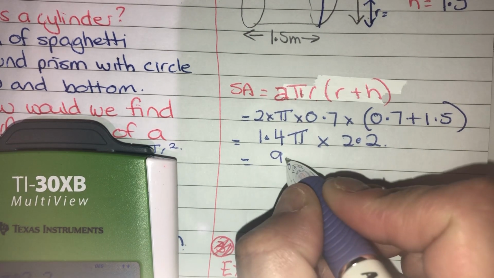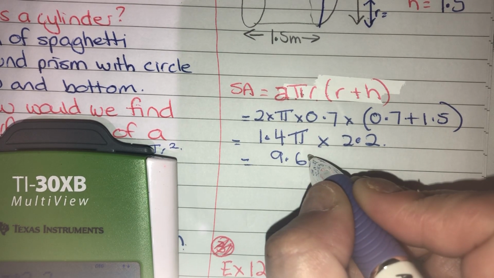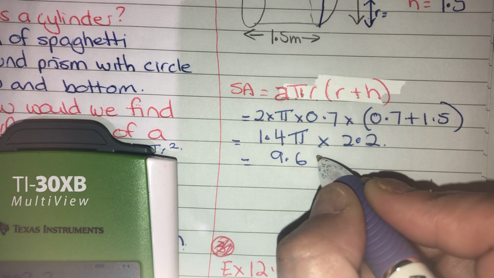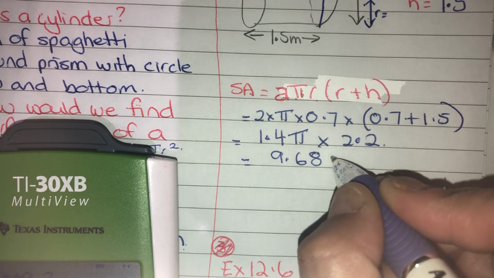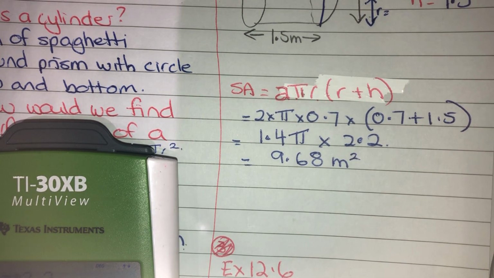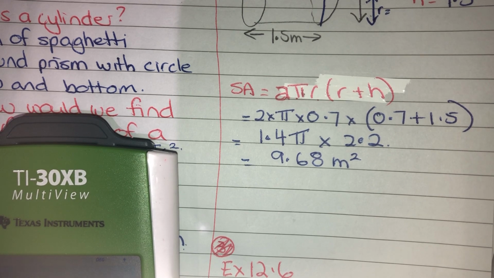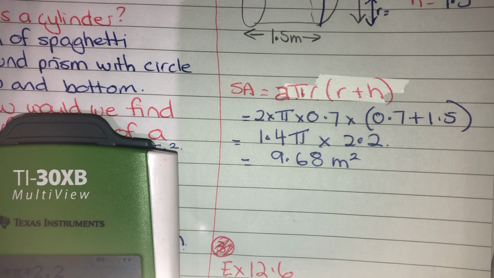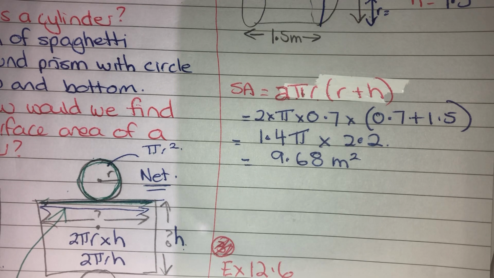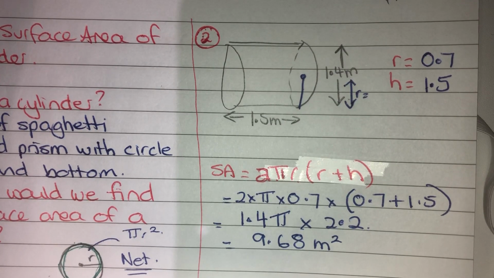I get 9.676, so 9.68, and it's meters squared. And I go back straight away and check it because I might have made a mistake. 1.4 times pi times 2.2, 9.68 meters squared. Yes. Now, I can't show you any more than that because that's all there is in this chapter.